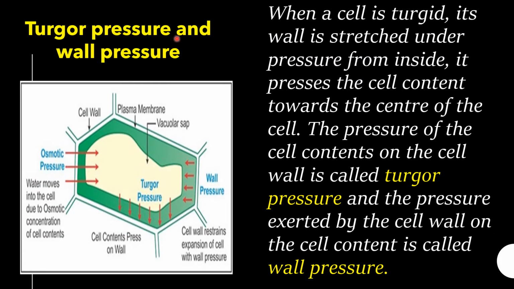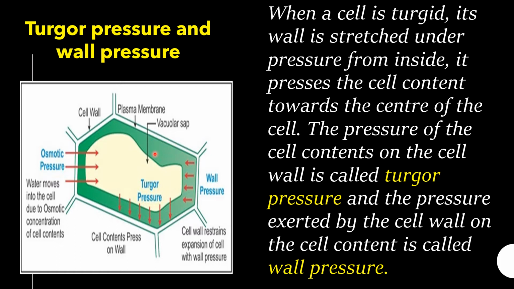What is turgor pressure and wall pressure? When a cell is turgid, its wall is stretched under pressure from inside. Here you can see inside the cell, what is there? Cell contents are there. The wall is stretched under the pressure from inside.